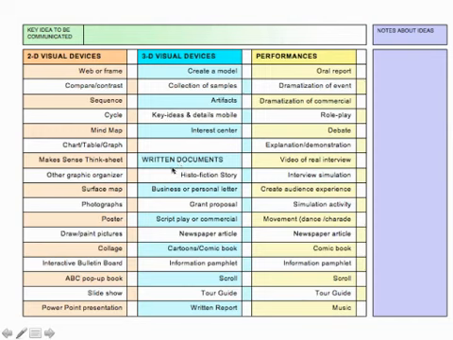In terms of written documents, instead of your traditional essay, they can actually compose fiction, a story, but one that contains the critical elements of factual information that's being presented. They can simulate a business or a personal letter.